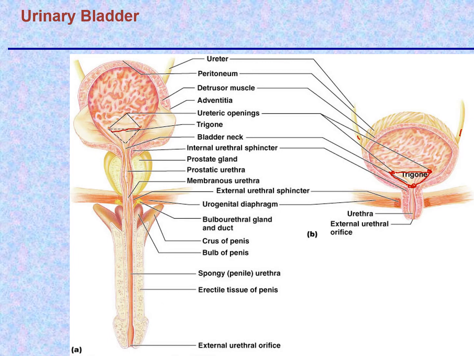Again, the two openings of the ureters into the bladder, and then the urethral opening forms the third corner of the triangular anatomical structure, or area, called the trigone.